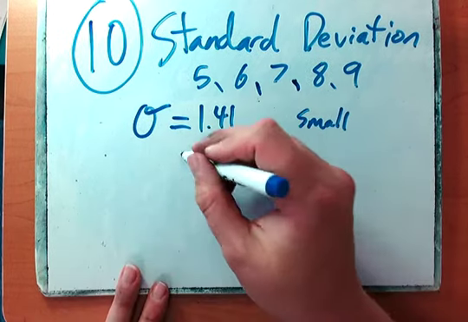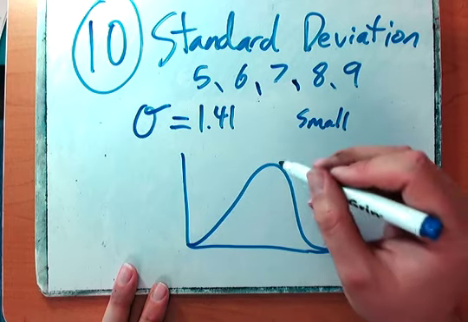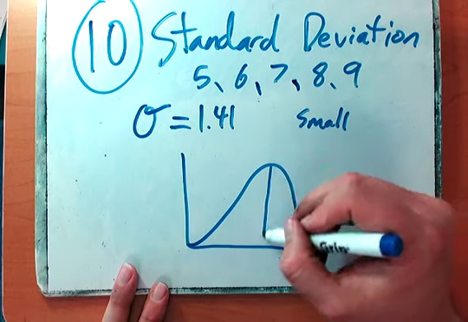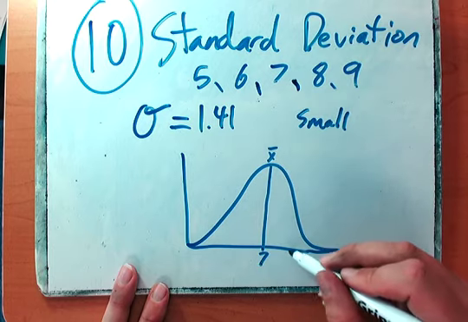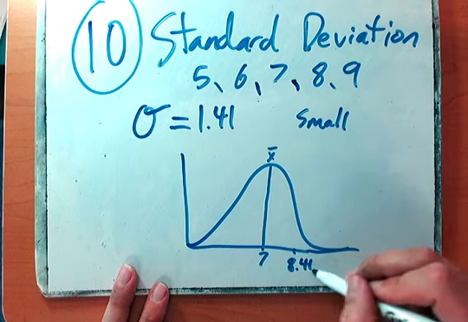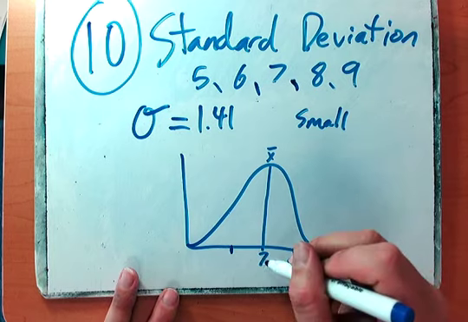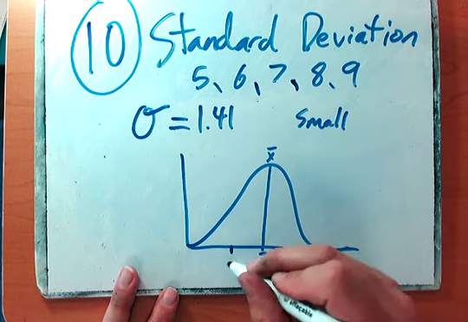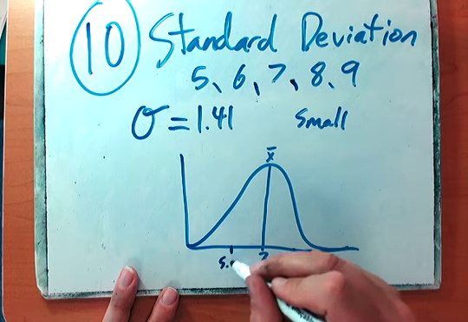But with this graph, when you're drawing it, and this x bar is 7, then one standard deviation over is 8.41. And one standard deviation over here is going to be 5.59.